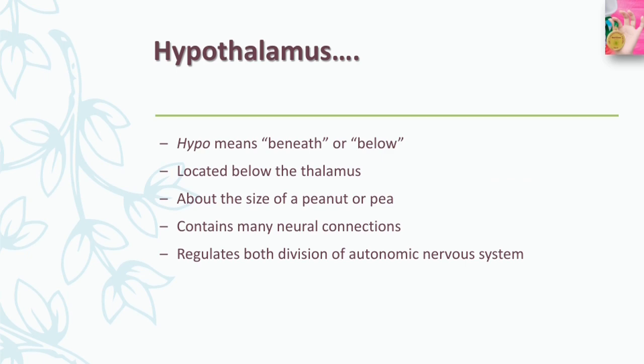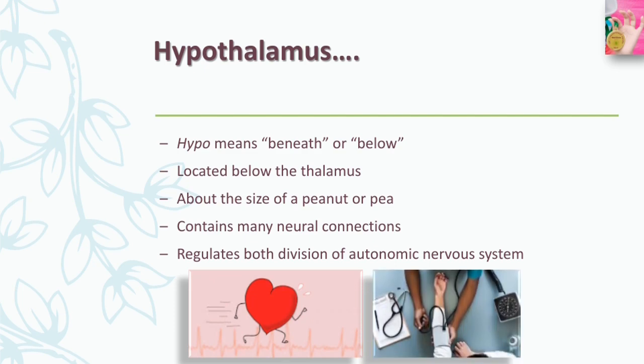The hypothalamus regulates both divisions of the autonomic nervous system, increasing and decreasing such functions as heart rate and blood pressure. It also helps regulate a variety of behaviors related to survival, such as eating, drinking, frequency of sexual activity, fear, and aggression.